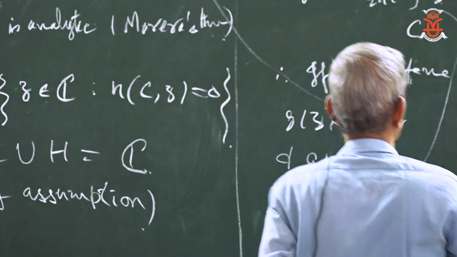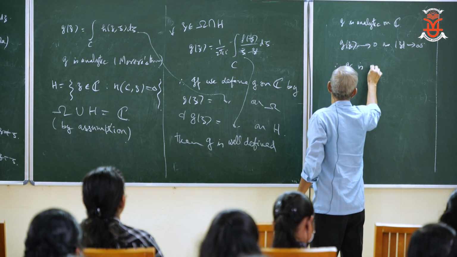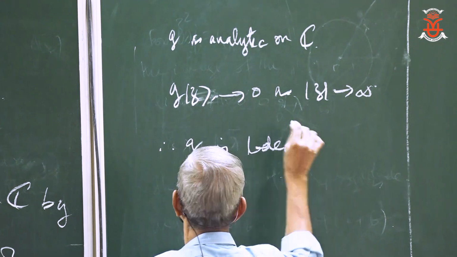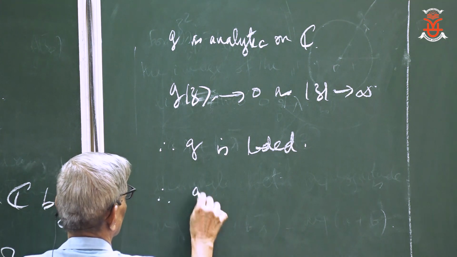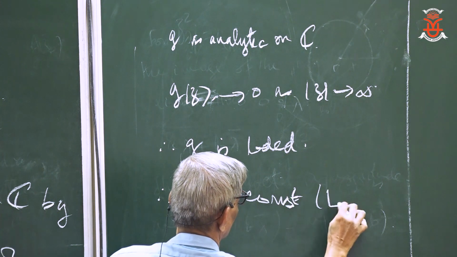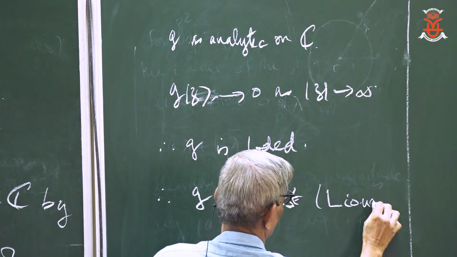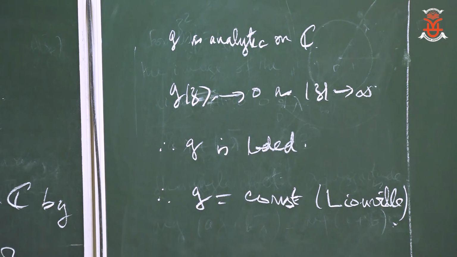Therefore G is a constant by Liouville's theorem. But what is the constant? G goes to 0 at infinity.